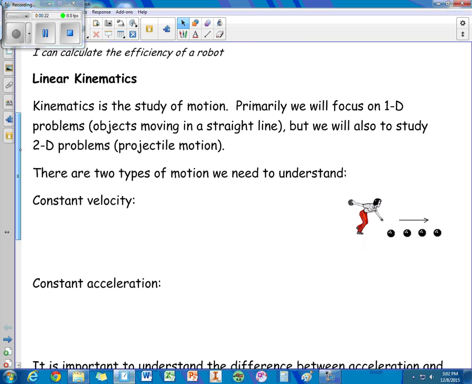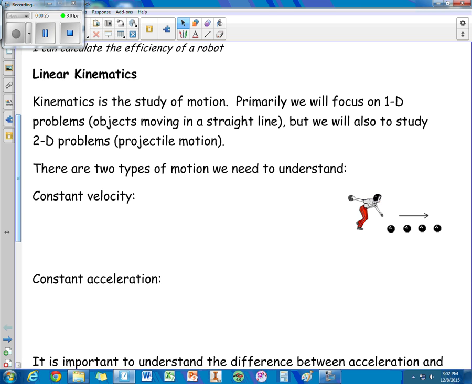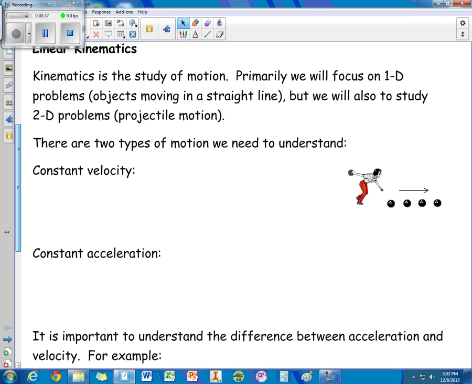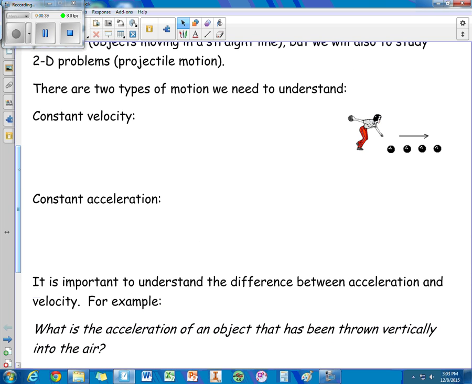All right, so getting us started here, we've got linear kinematics. Kinematics is the study of motion, and we're going to primarily focus on 1D problems, so objects moving in a line. We'll also need to take a look at projectile motion, 2D problems, but we'll get there in a minute. There are two types of motion, constant velocity and constant acceleration.